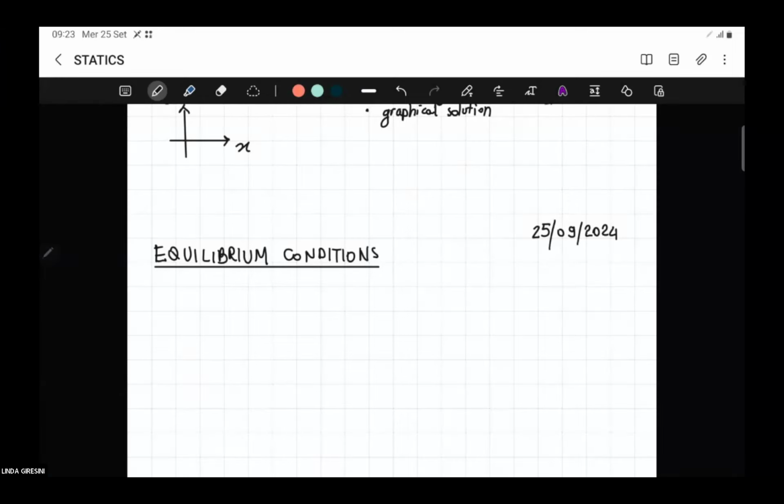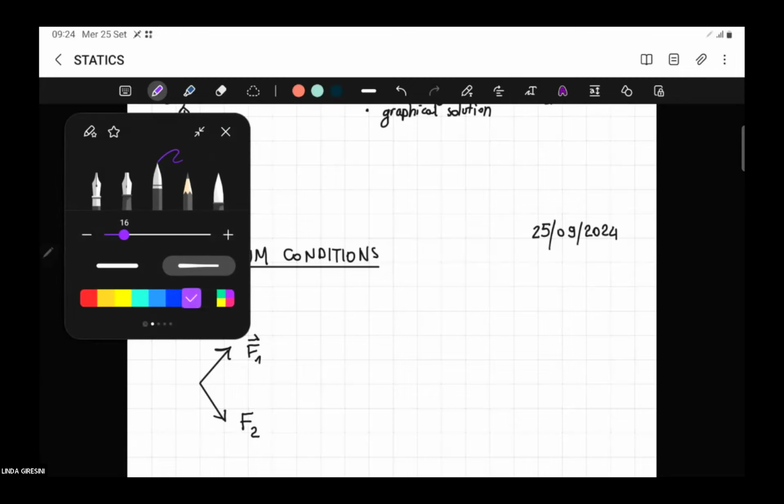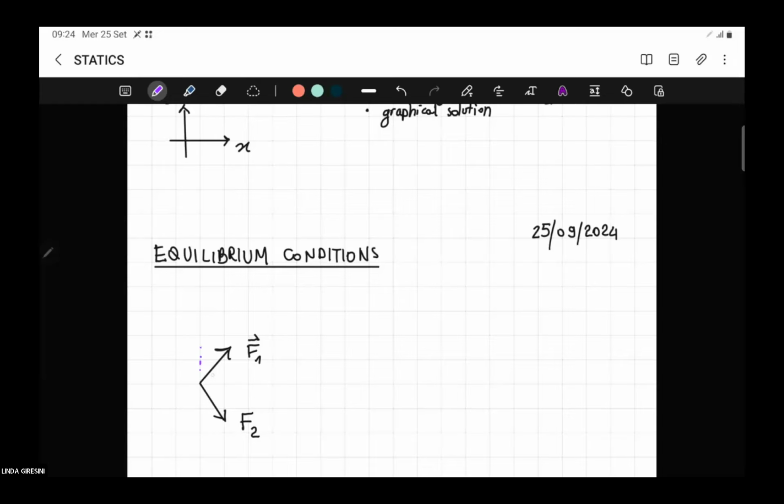So basically, let's assume to have a force F1 and another force F2, which for the sake of simplicity have the same inclination angle with respect to the vertical plane, which we generally call the y-axis.